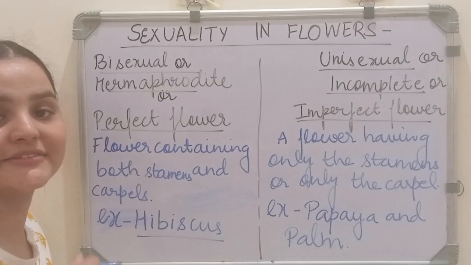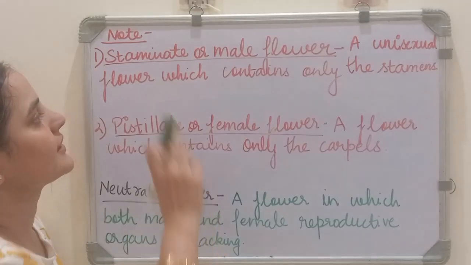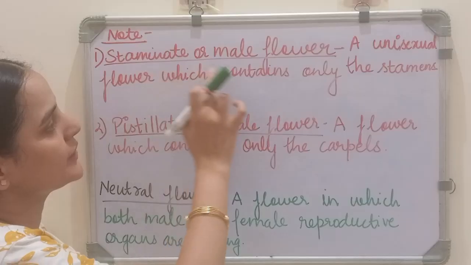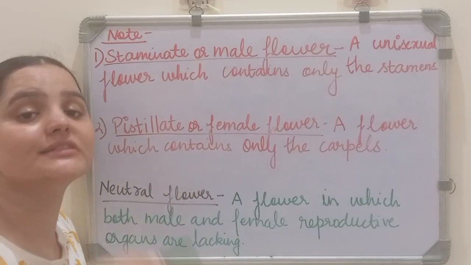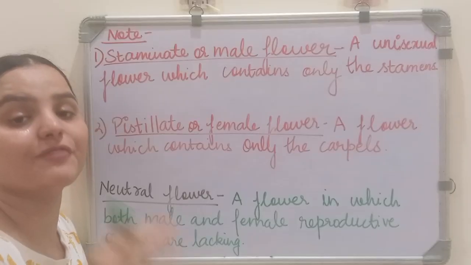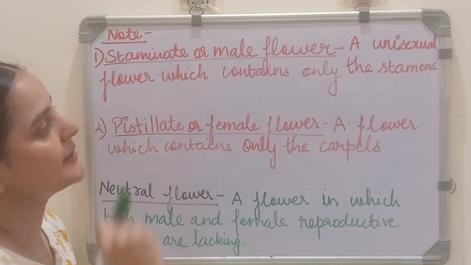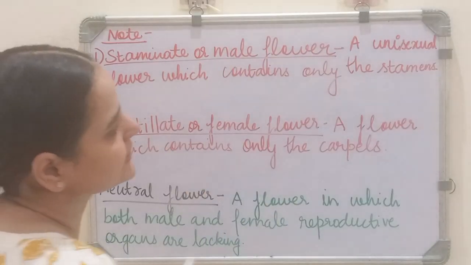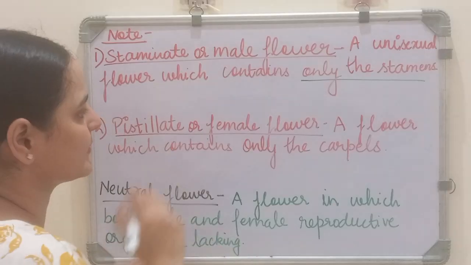Okay, now let's note some important points. So the first point is staminate or male flower. So what is a staminate or male flower? A flower which is having only the male reproductive part, means a flower having only the stamens, is known as staminate flower. A unisexual flower which contains only the stamens is known as staminate or male flower.